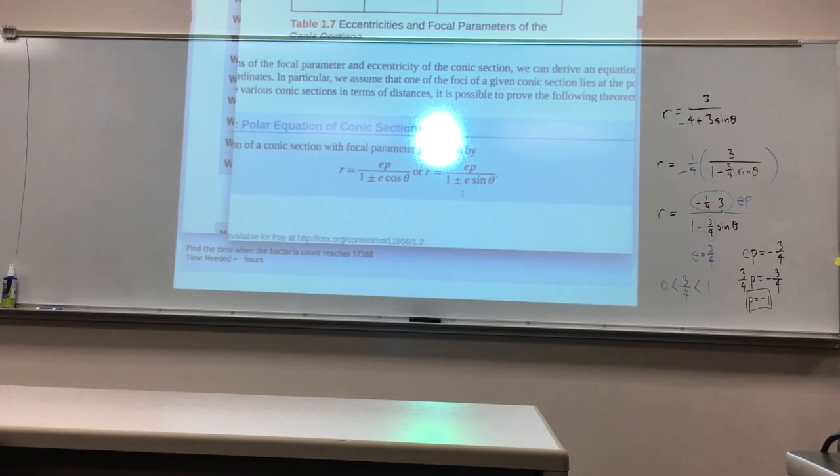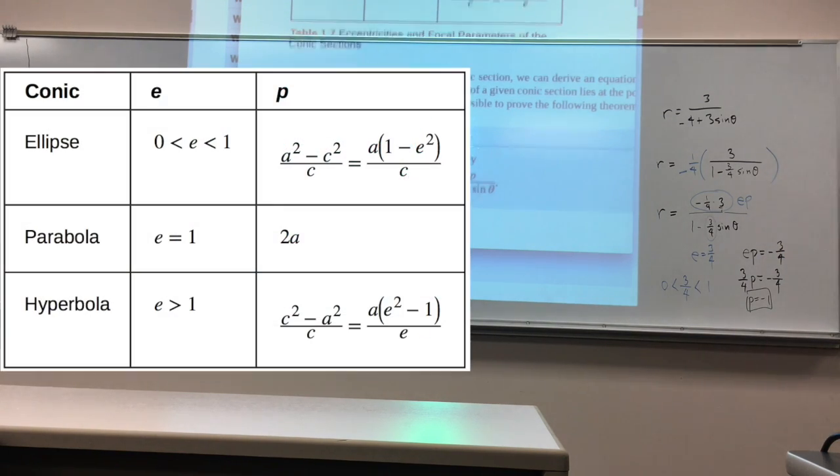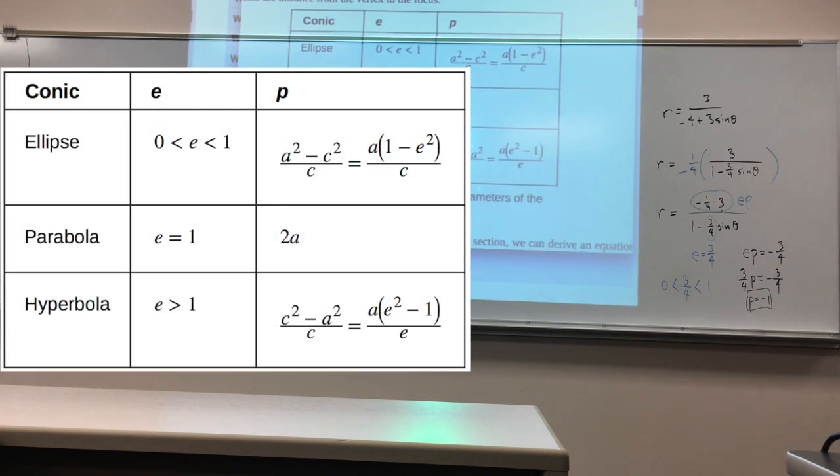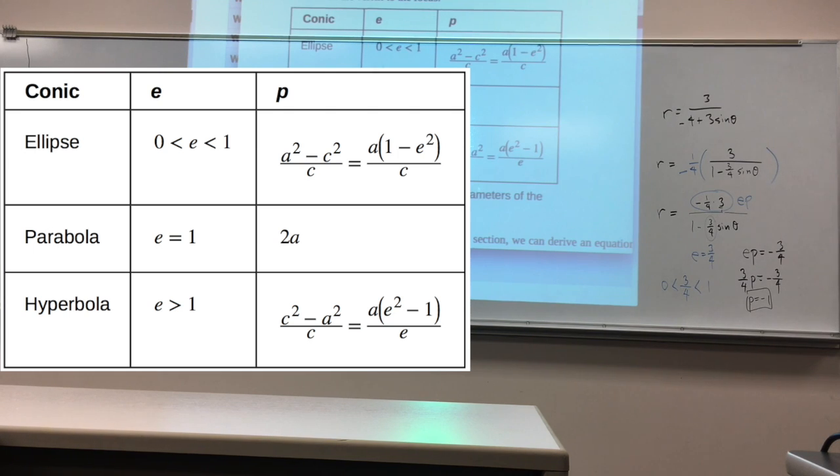In that case, we would identify the conic section to be a... Hold on, I actually do know this one. Oh, yes, ellipse. That's right. If you're looking in the book, it's right above. See that?